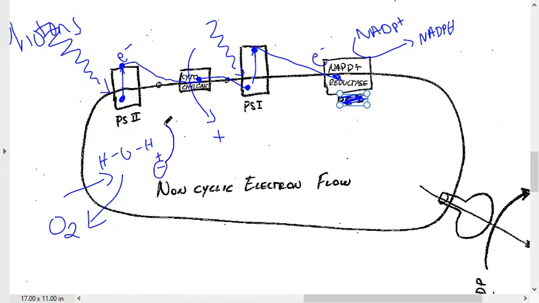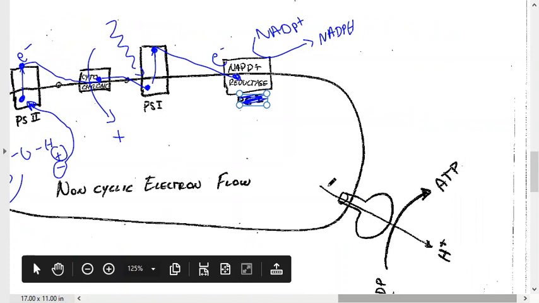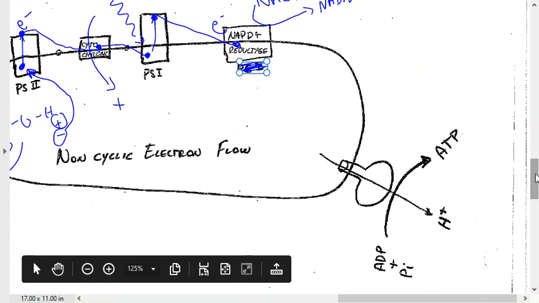The electron replaces the initial electron lost from photosystem 2, and the protons accumulate in the thylakoid space. That accumulation of protons diffuses facilitatively through ATP synthase, and we produce ATP, right?